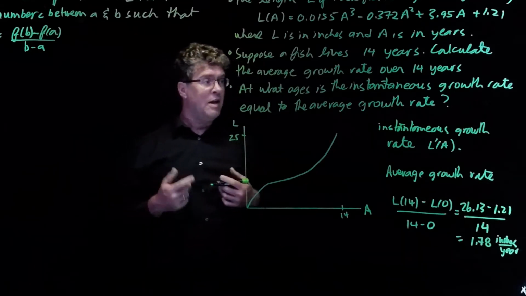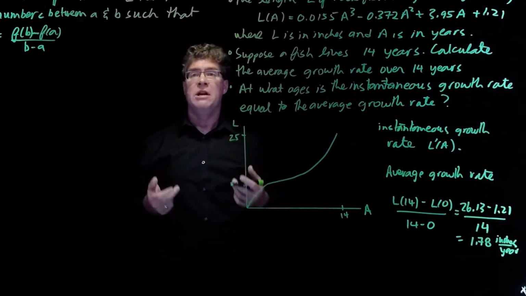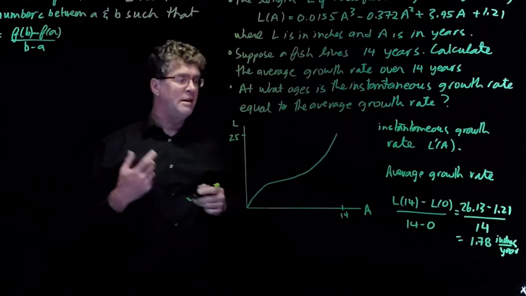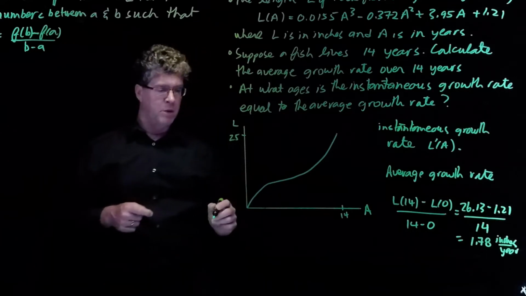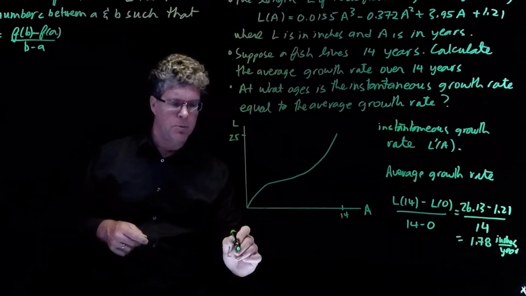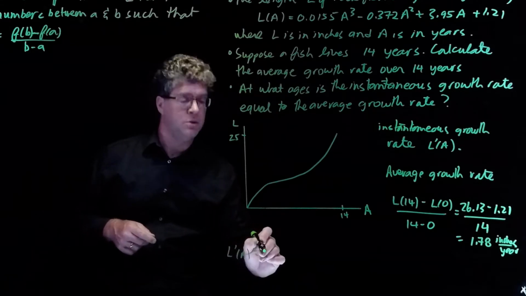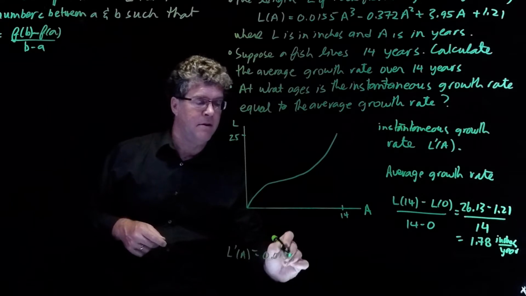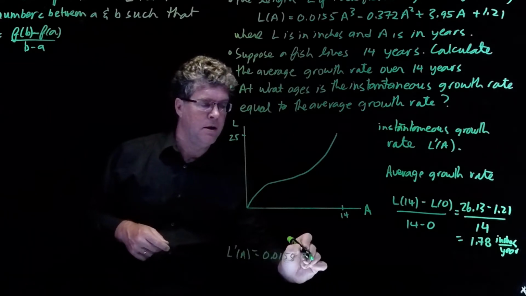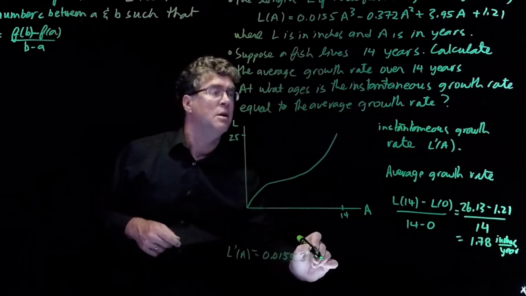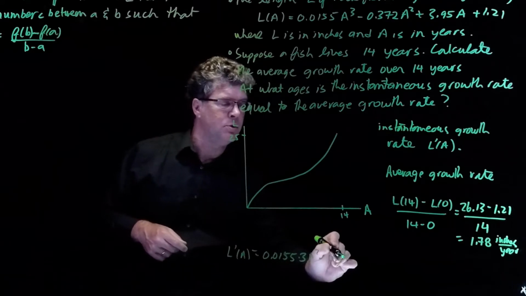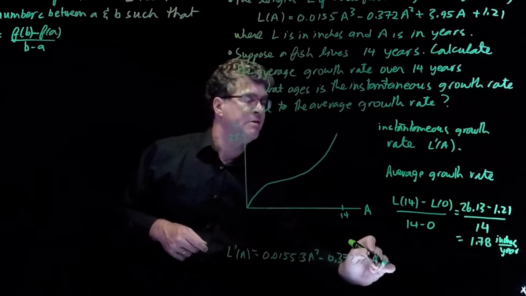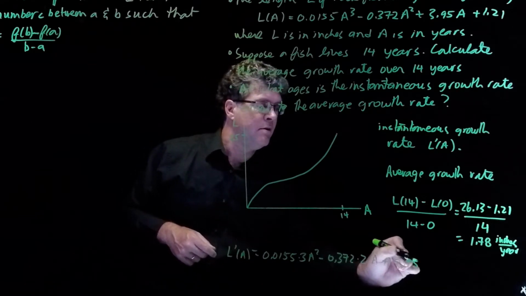Now we're interested in when the instantaneous growth rate equals the average growth rate. To calculate the instantaneous growth rate, we need the derivative of L. Now L is a cubic, so we can differentiate it term by term. L prime of A is equal to 0.0155 times 3a squared minus 0.372 times 2 times a plus 3.95.